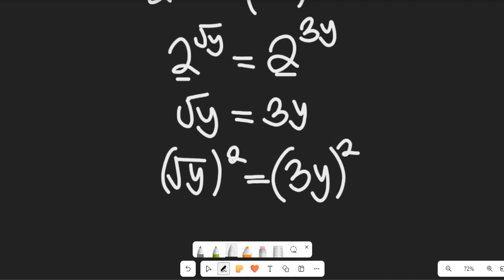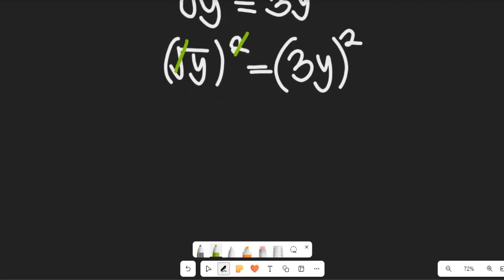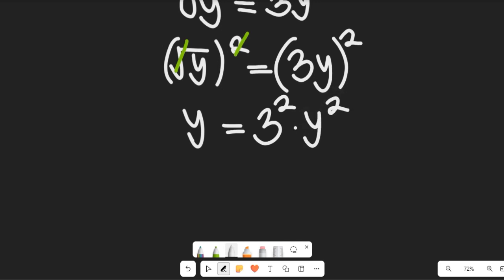And the reason why we did this is to clear the square root. And so we're going to have the value of y to be equal to 3 squared multiplied by y squared. So that will give us y equal to 9 multiplied by y squared.